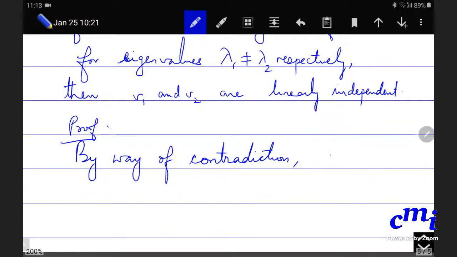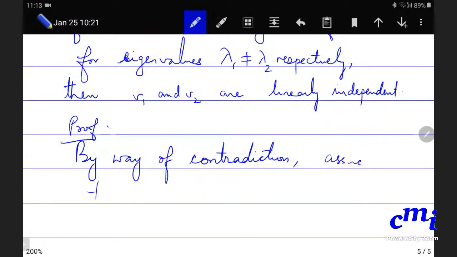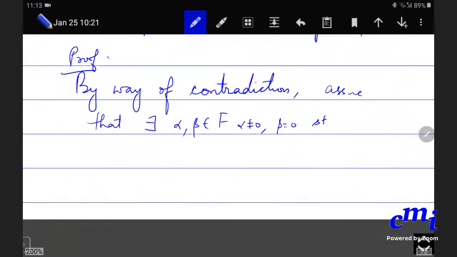Assume that there exist alpha, beta inside F, alpha not equal to 0, beta not equal to 0, such that alpha V1 plus beta V2 is 0. So assume by way of contradiction that V1 and V2 are linearly dependent.